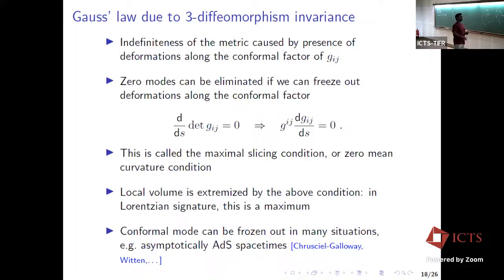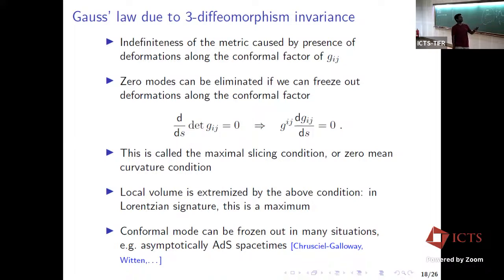And the indefiniteness of the metric was caused by the presence of the deformations along the conformal factor of gij. So another way to cure this subtlety is to freeze out deformations along the conformal factor along the path, which is the statement that the determinant of the 3-metric along the path is constant.